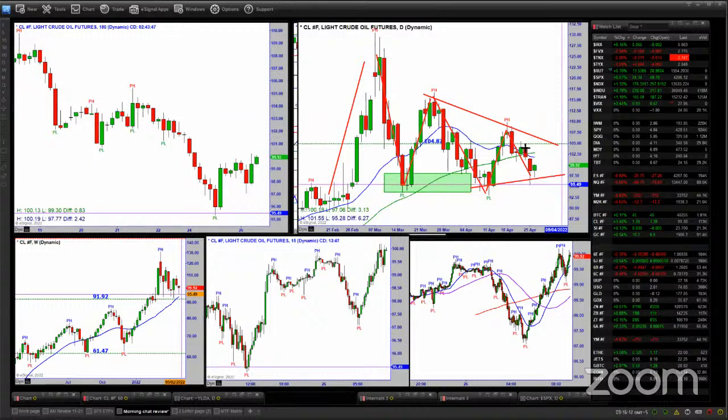What I agree with is that the distance of areas between buyers and sellers are coming together, and it gets to the point where you could use the analogy that the spring is winding tight enough, or somebody's going to blink, and prices are going to move one way or the other. Now, we look at a higher time frame and say the trend is up, and so the assumption should be that it's going to go up, and then we'll see what actually happens.